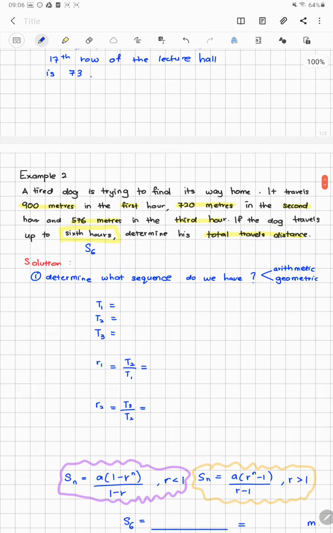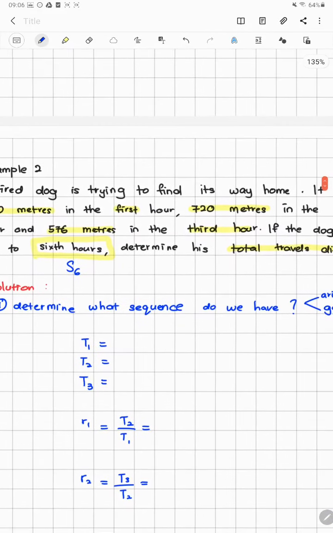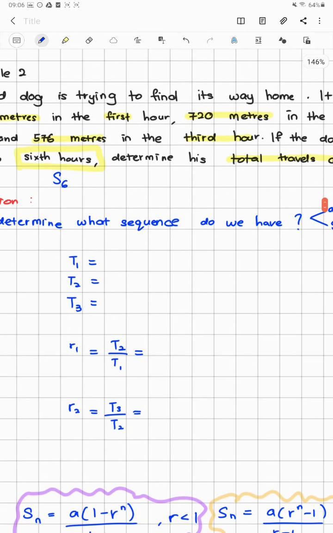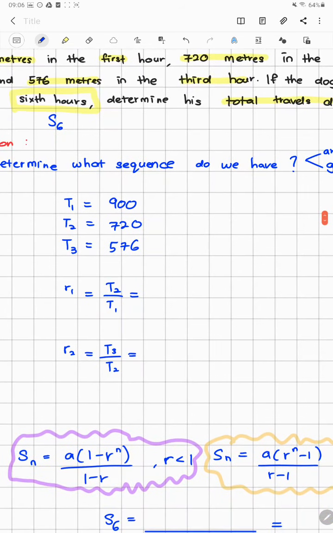First we jot down the terms. The first term is 900 meters, the second term is 720 meters, and the third term is 576 meters. You don't need to put meters, just put the numbers. First we try finding the common ratio.